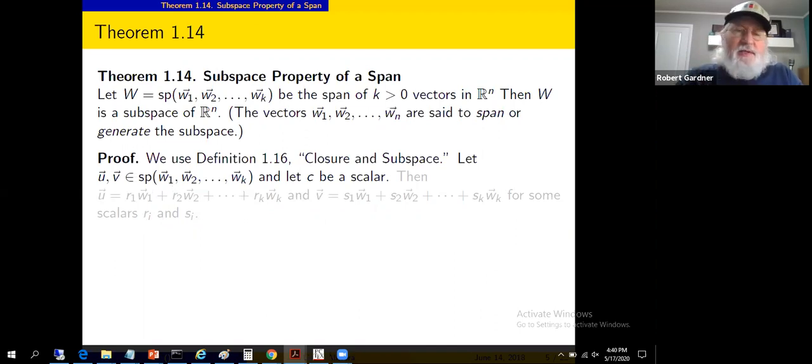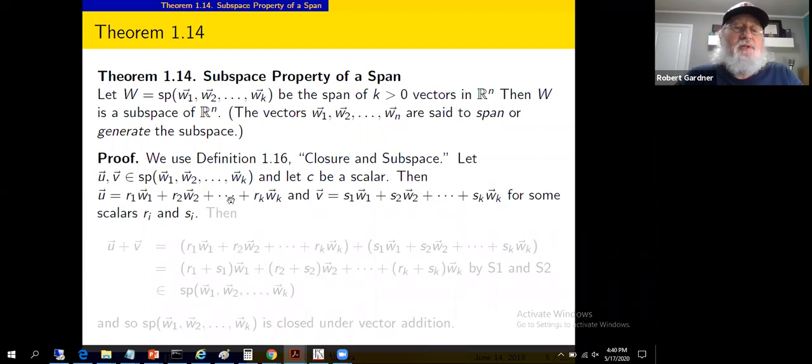Well, it's in the span of these vectors, so U is a linear combination of these vectors. U is of the form R1W1 plus R2W2 up through R sub k W sub k, for some scalars R1 through R sub k, because that's what the span of this set of vectors is, the collection of all linear combinations.